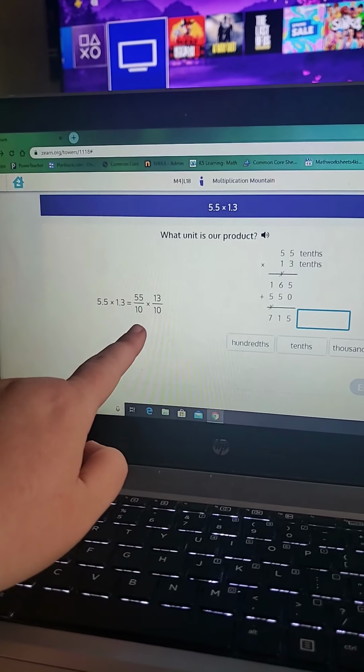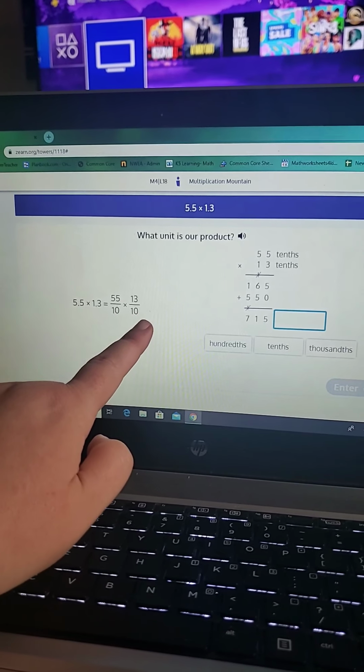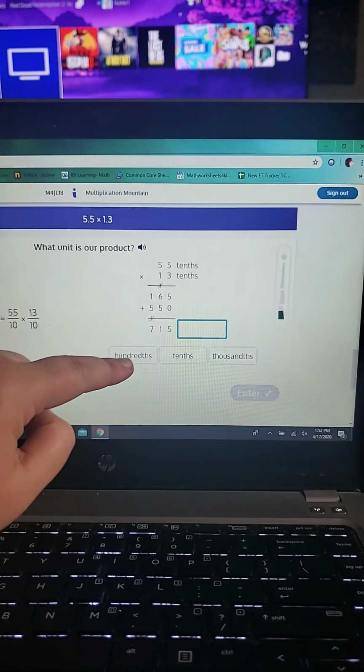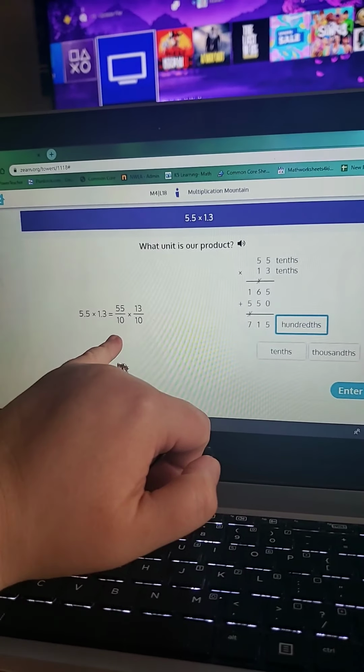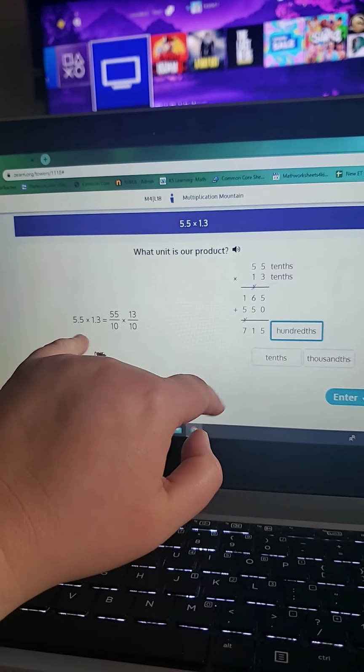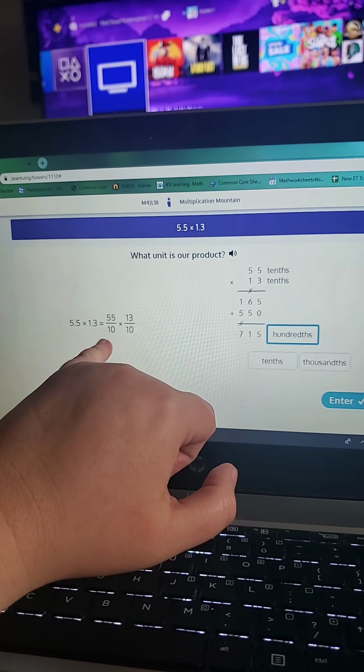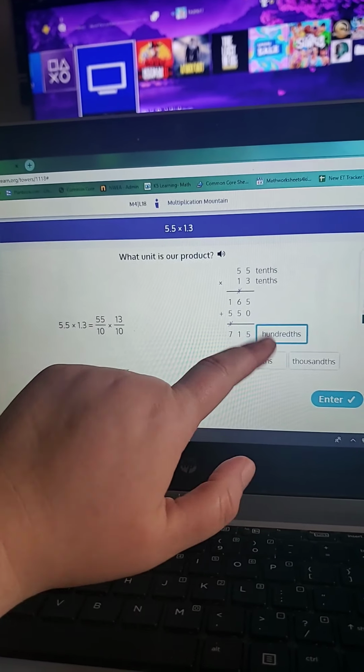Now, we're going to go back over here. We're going to do 10 times 10. That's 100. So that means that this number is going to be with your hundredths. Again, this part is what you're going to be multiplying for your denominator. So 10 times 10 is 100, so it's going to be hundredths.